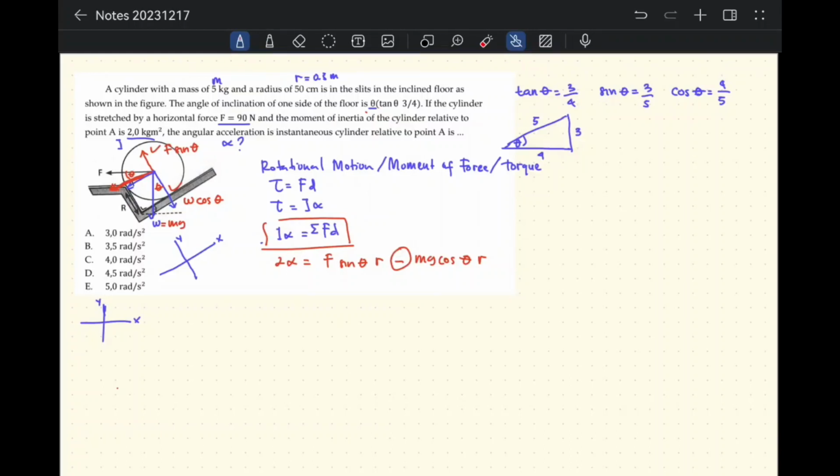Okay, let's continue to substitute the numbers. Force is 90. Sin theta equals 3 out of 5.